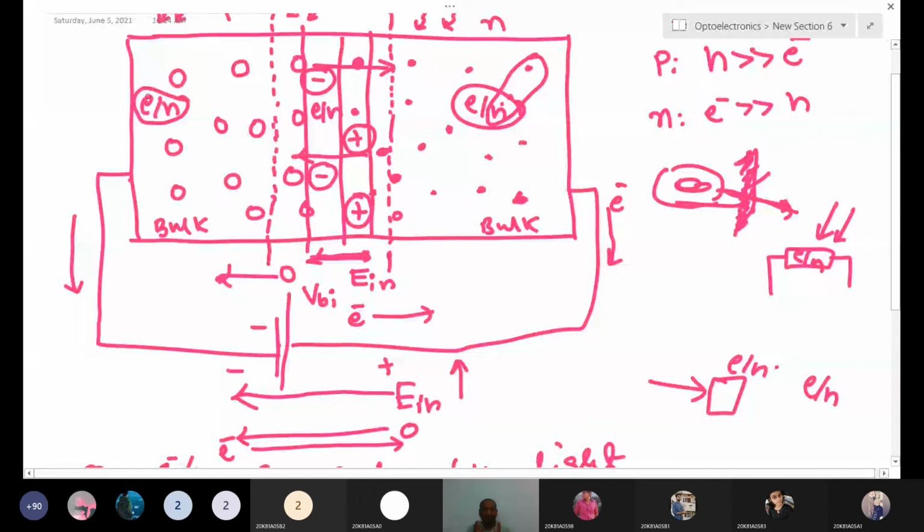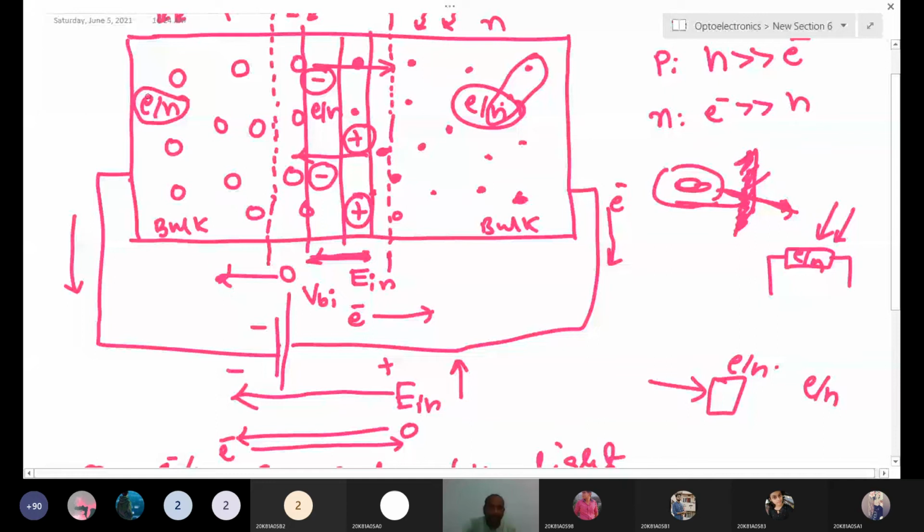Okay, that's why this depletion region is the only active area for a photodiode or photodetector. Whatever is generated in the bulk region is not useful because recombination losses are there.